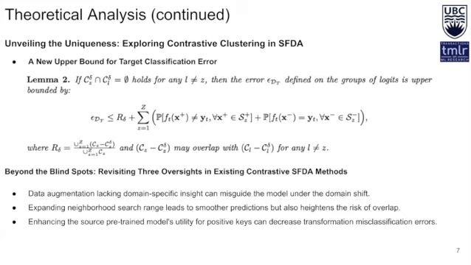The second oversight is that when we use the neighborhood searching method for positive keys and expand the neighborhood searching range, which means we increase the number of k neighbors, it can lead to smoother predictions but also increases the risk of overlapping regions between clusters. And the third oversight is that we need a technique that can enhance the source pre-trained model's utility for the positive key, so that we can decrease the transformation misclassification errors with respect to the second and third terms of our bound.